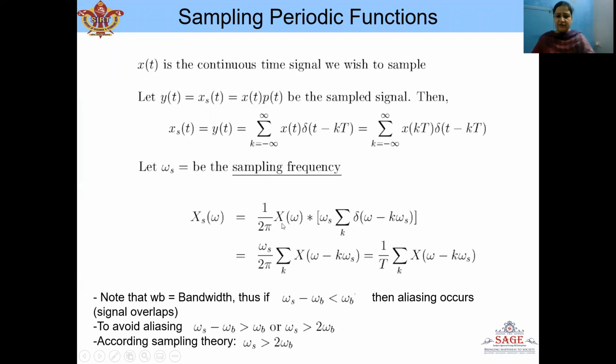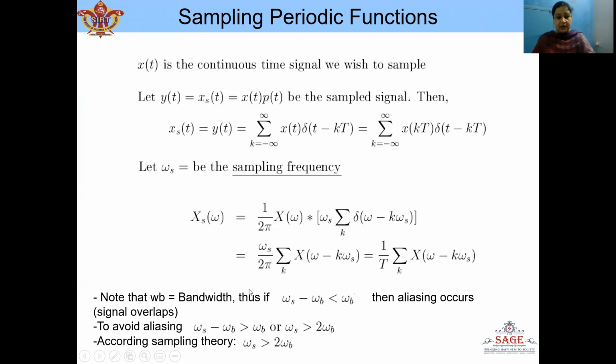Now, when any function is convolved with the shifted unit impulse function, it results in the shifted function itself. So here we will write omega s upon 2 pi summation X(omega minus k omega s). Now omega s upon 2 pi is given by 1 upon T, where T is the sampling time period.